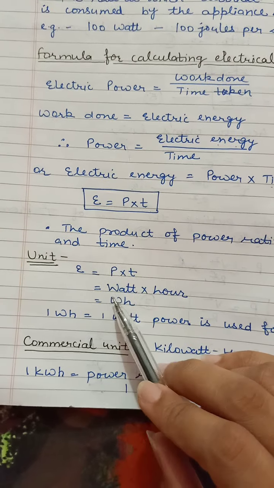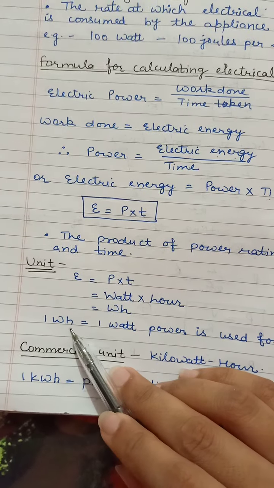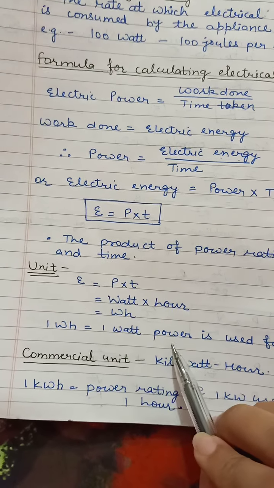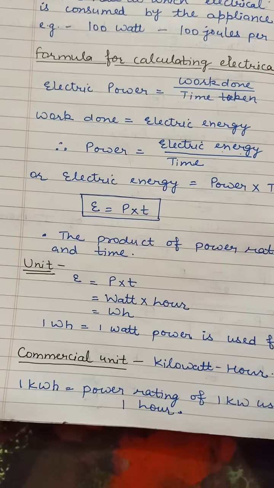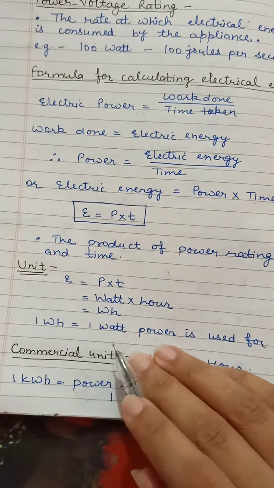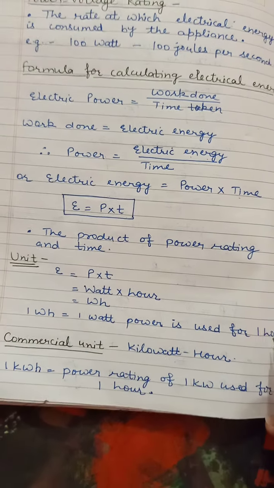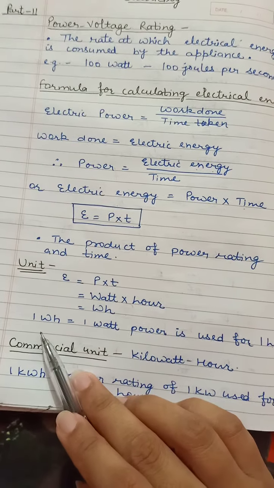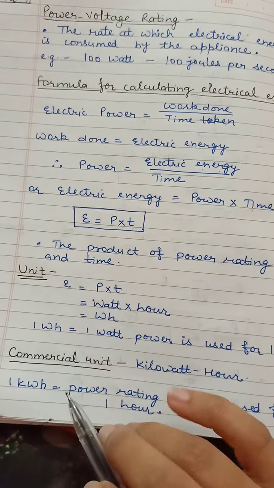So the unit of electrical energy is watt hour. 1 watt hour is when 1 watt power is used for 1 hour. That means if any appliance having the power of 1 watt is used for 1 hour, that is called 1 watt hour of electrical energy.